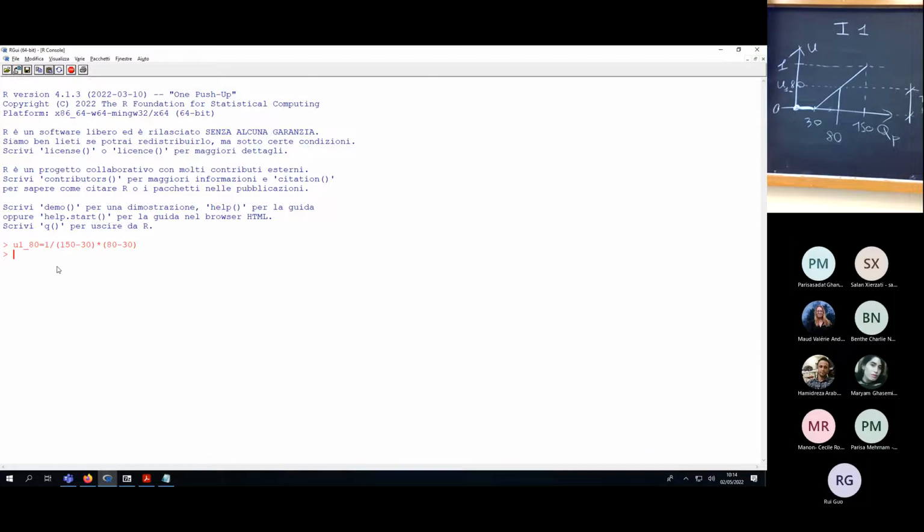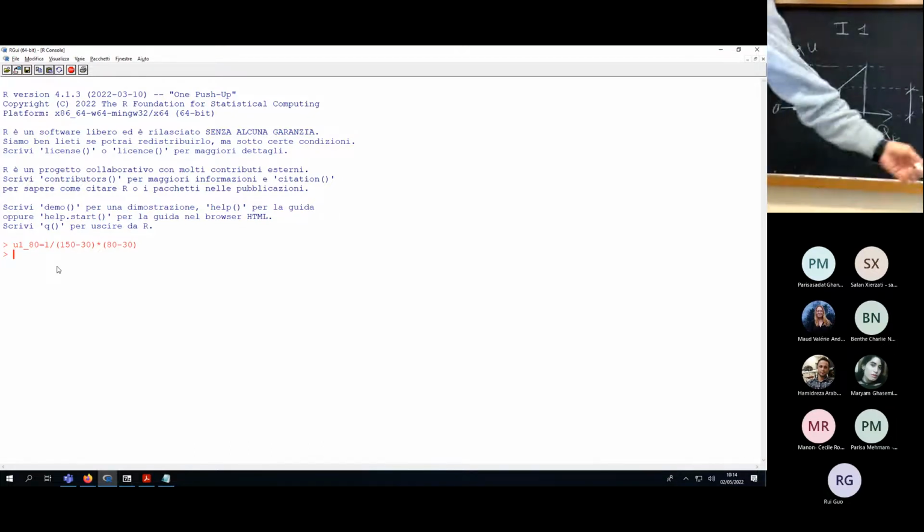What is the length of this segment? It is given by 1, which is the length of this one, divided by 150 minus 30, multiplied by 80 minus 30. And this should be what's written there. 1 divided by 150 minus 30 times 80 minus 30 is a linear interpolation. Correct?